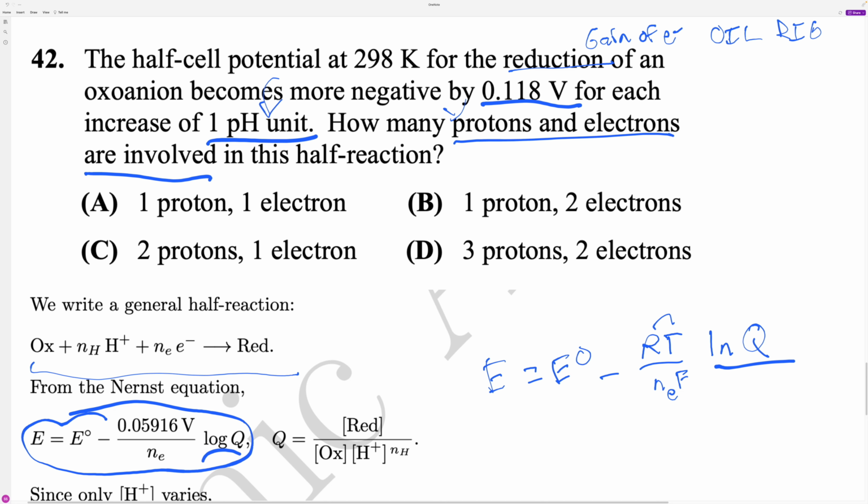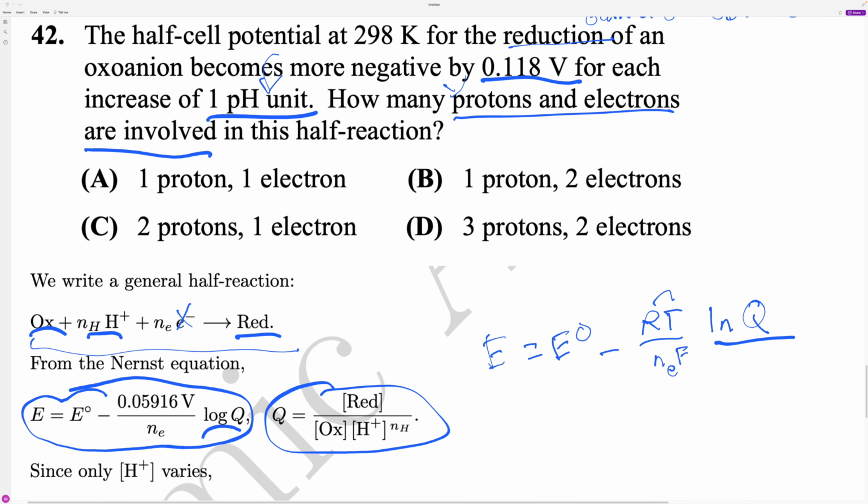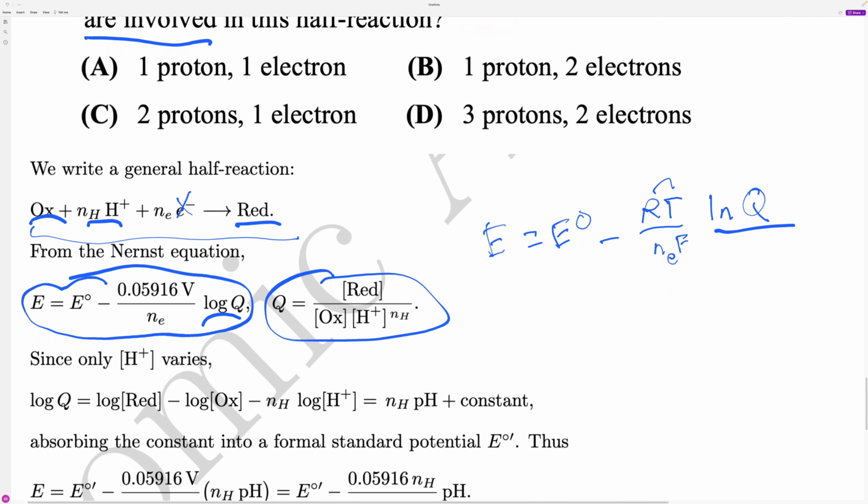And in this case, Q is going to be this expression. We have the reduction product on the product side, and then we have H+ and the substance being the oxo anion on the left side. So our Q is just going to be like that, and we exclude this e- in the Q. So let's move on.